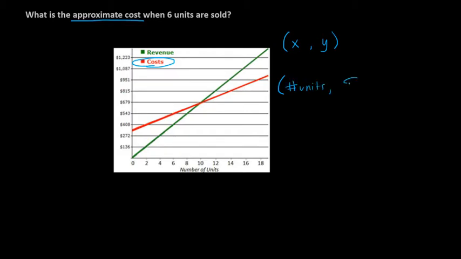And y is money. So what they're saying is, given this x value of 6, what's the y value when we're looking at the cost graph? If I find 6 seems to hit right about there, the corresponding y value is $543. So the cost at 6 units is approximately $543.